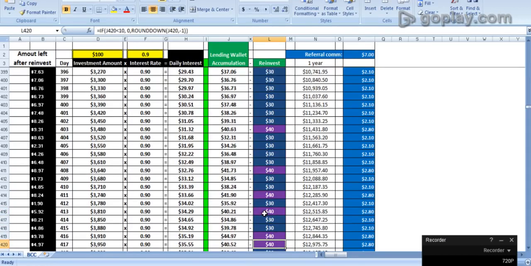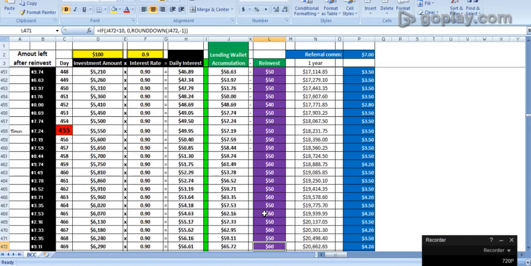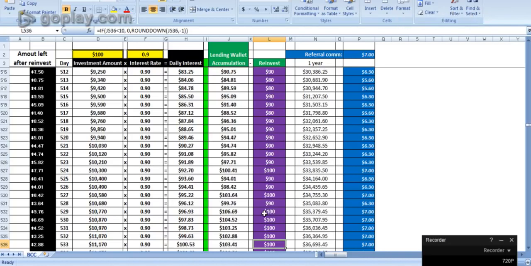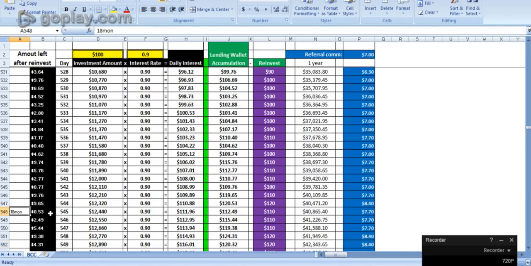So I just want to keep going with this just to show you how much can happen. I want to go out a year and a half. There, 18 months. That's a year and a half. Now again, I just want to keep going over this because these numbers are pretty impressive.